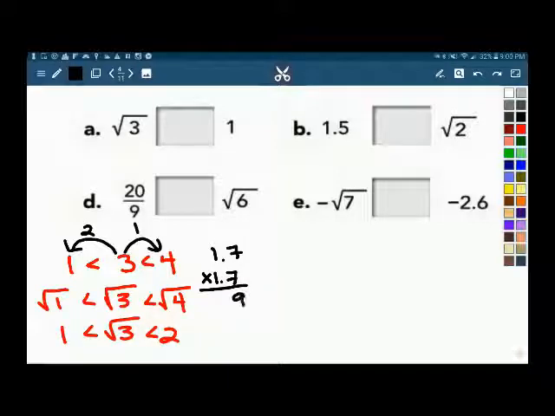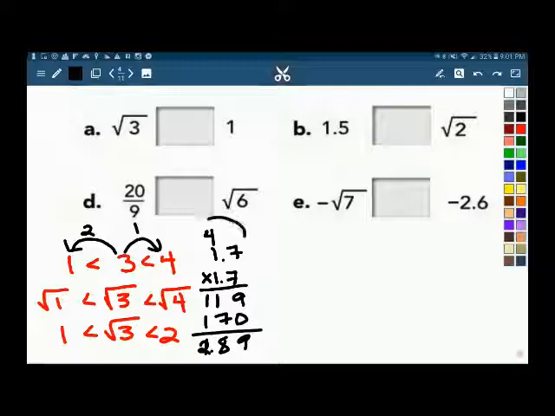Okay, so I'm getting my approximation for the square root of 3 is actually even larger than 1.7, which I don't really have to go further than that.